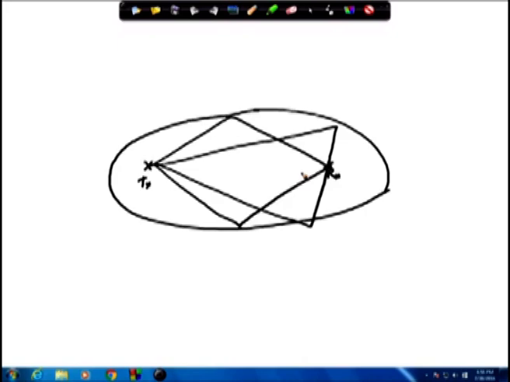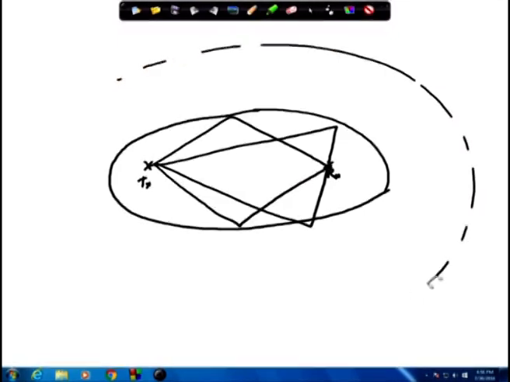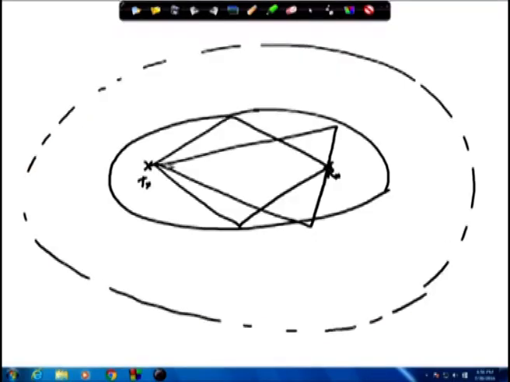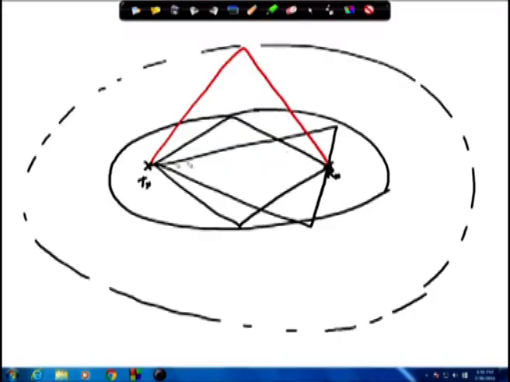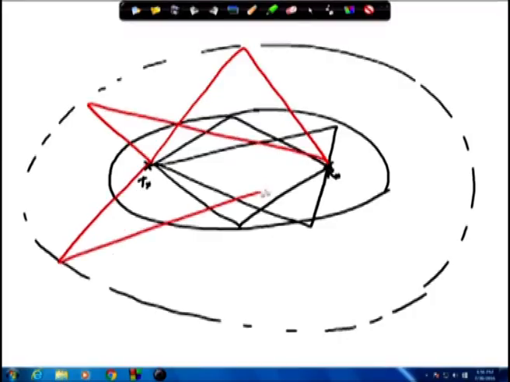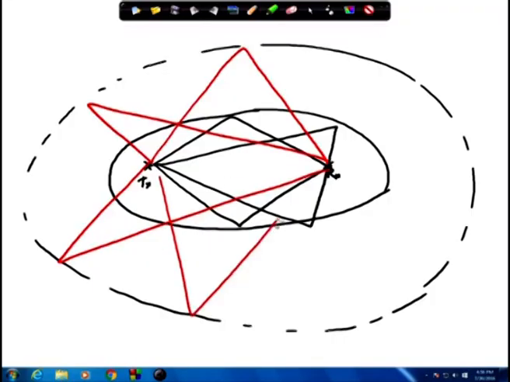And if there is an ellipse, so I'll draw another arbitrary ellipse, representing all scatterers which are in this particular ellipse, we would have paths coming like this, which have a delay of, let's say, tau 2.